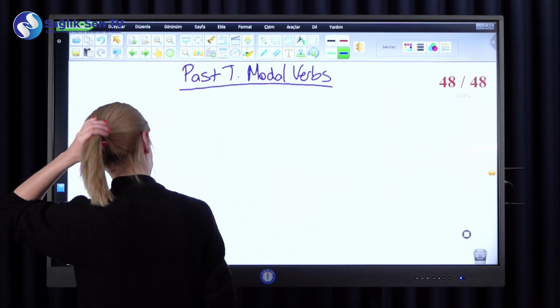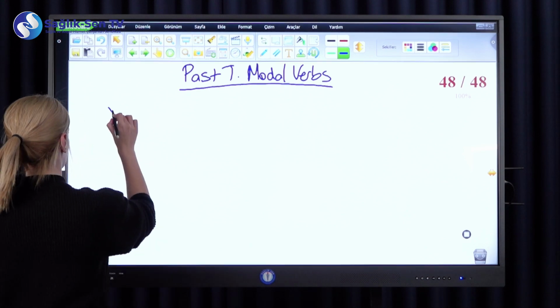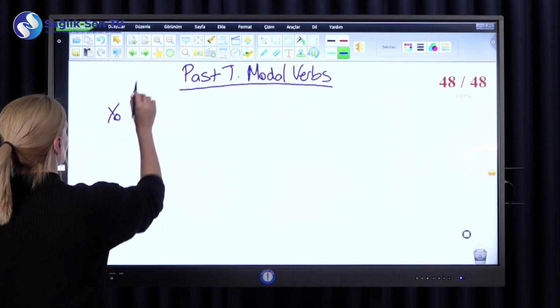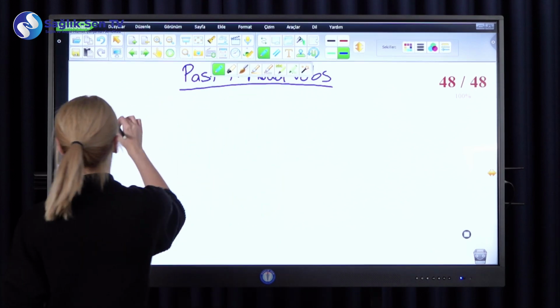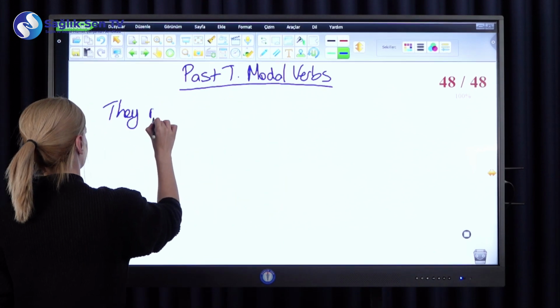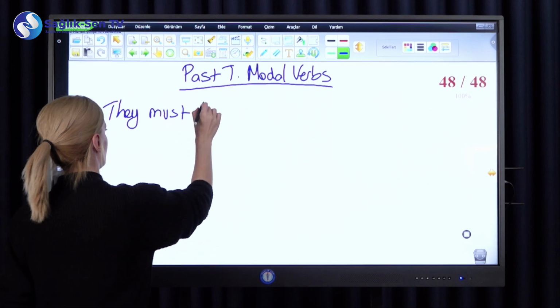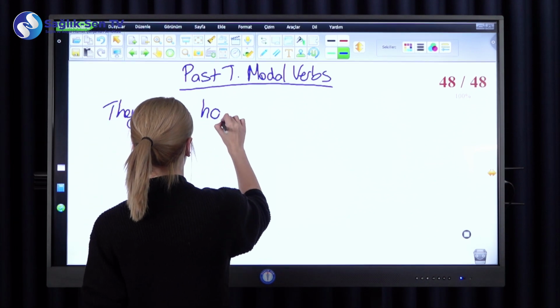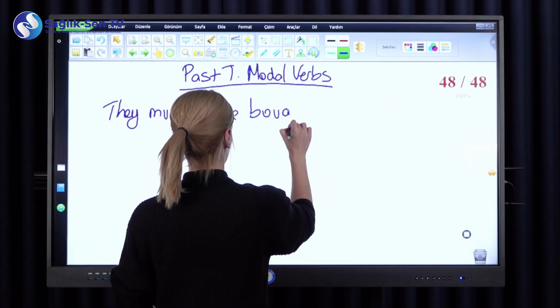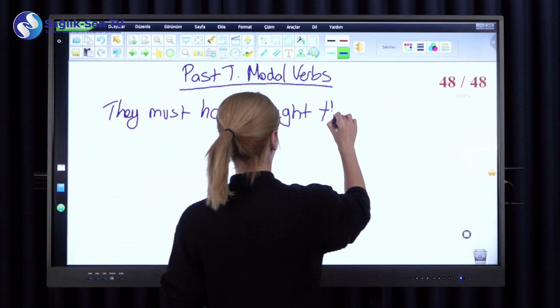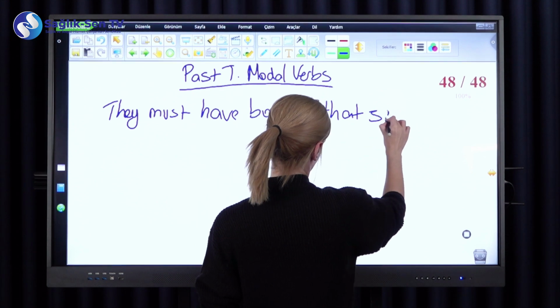For example, they must have bought that jackets.